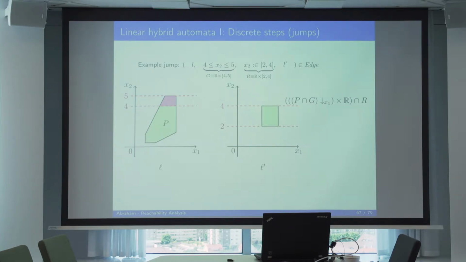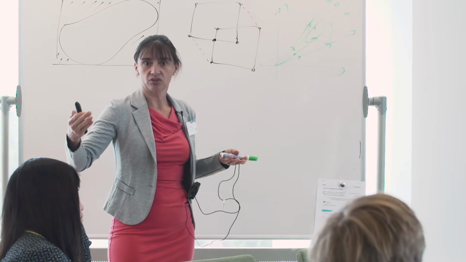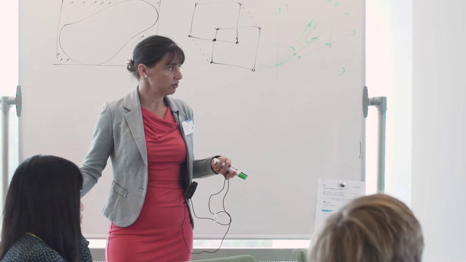Okay? So what you see here is a set of operations or a sequence of operations that I need to apply, and then I get the time successors and the discrete successors.